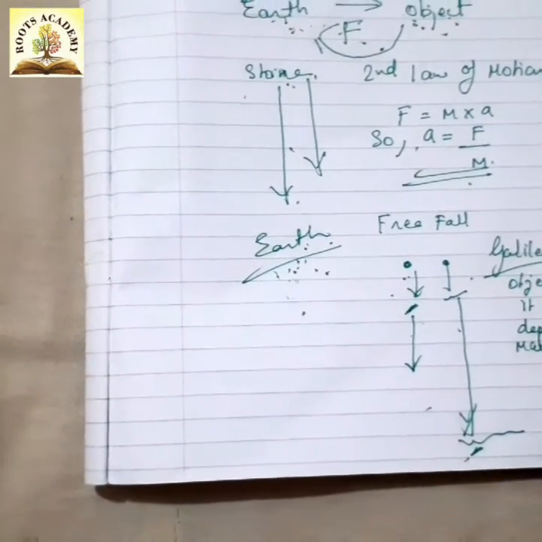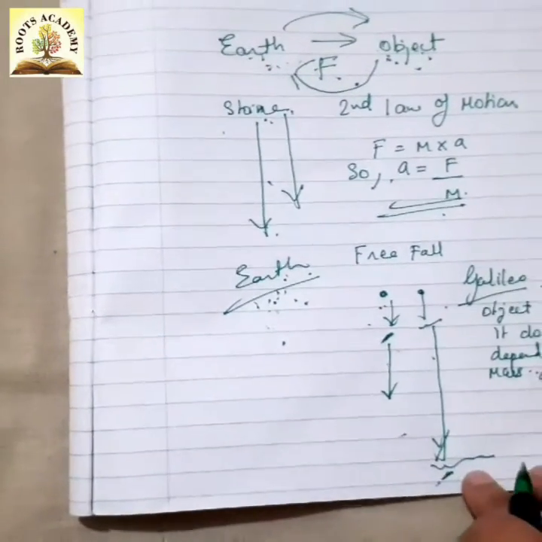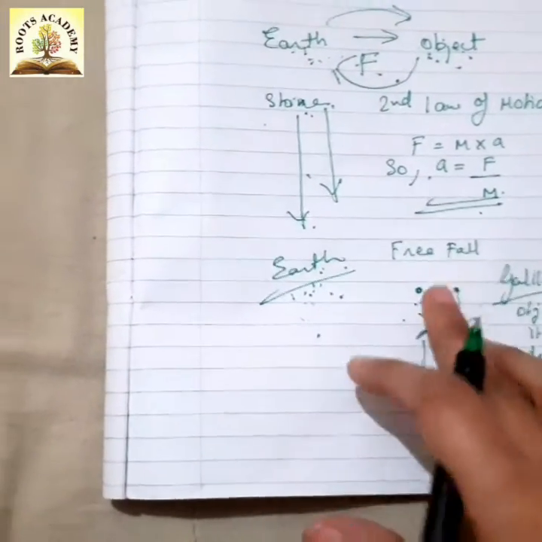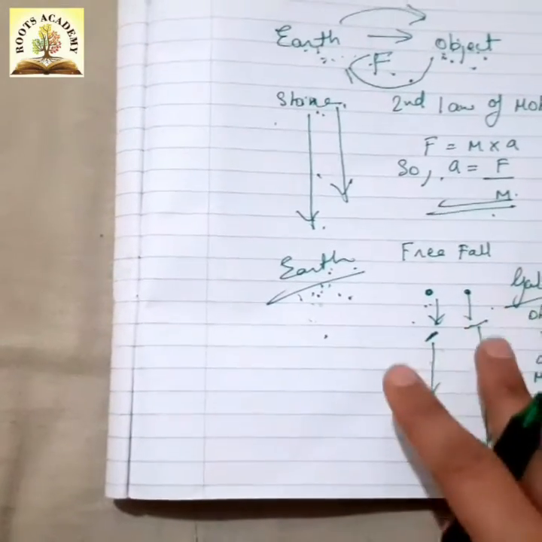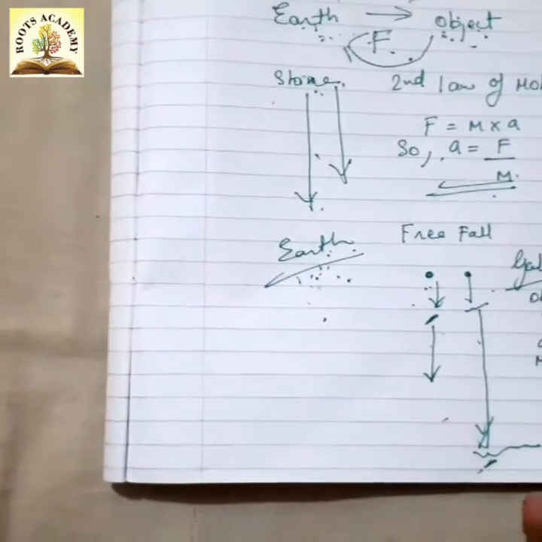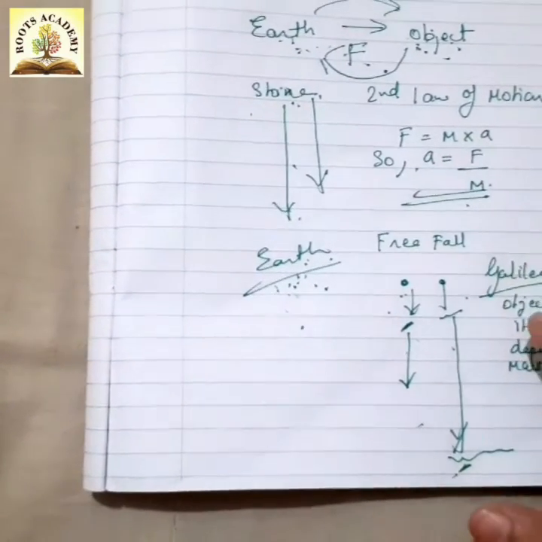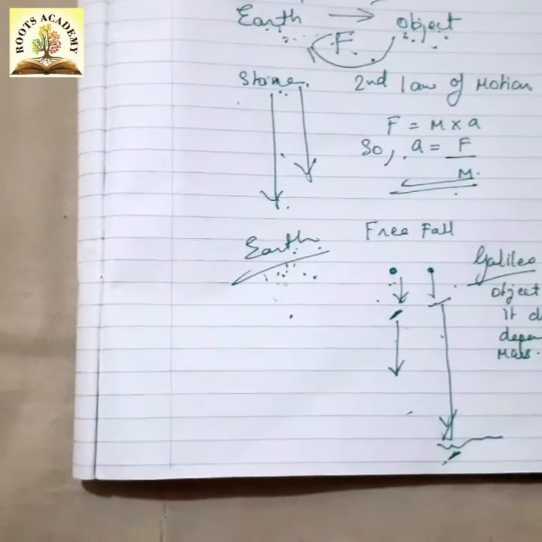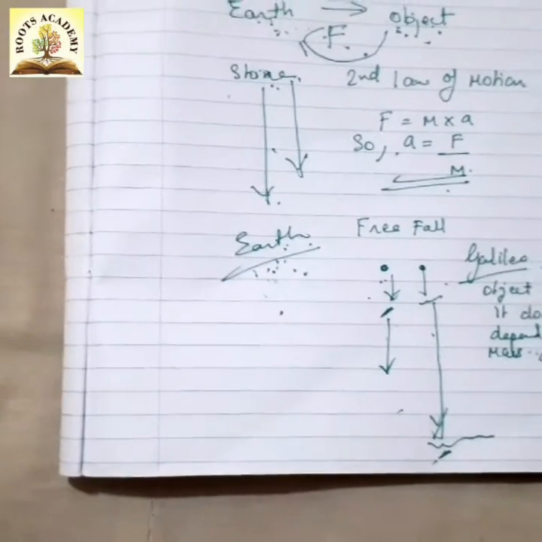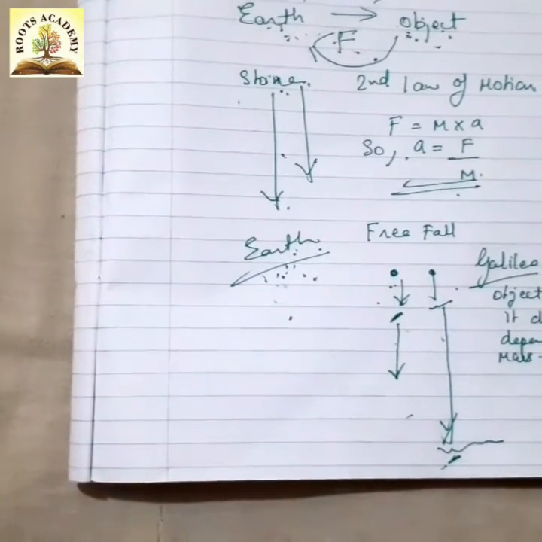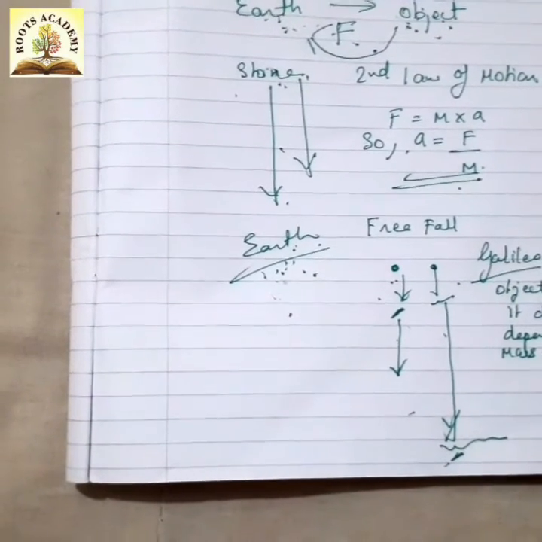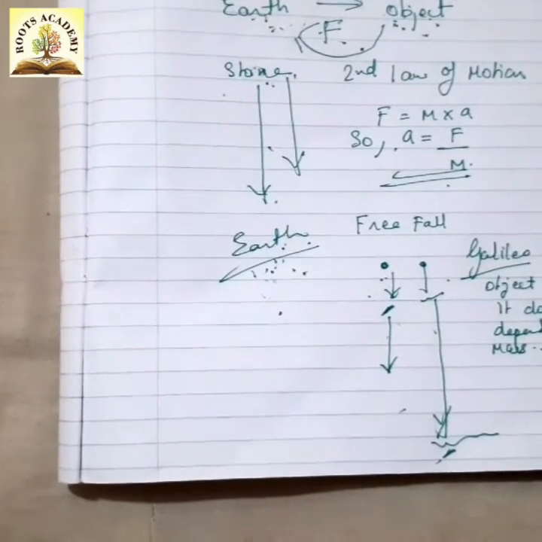Why? Because the gravitational force of the earth is equally acting on both bodies. Earlier it was thought that of two objects, the lighter would move slowly, whereas the heavier one would reach the ground faster. But when Galileo dropped two stones of different mass from the Pisa tower, both reached the ground at the same time.